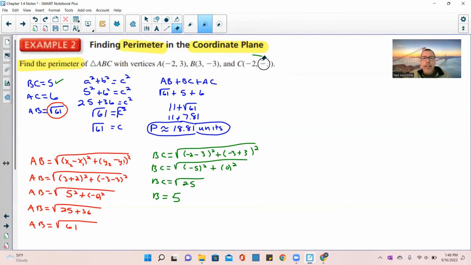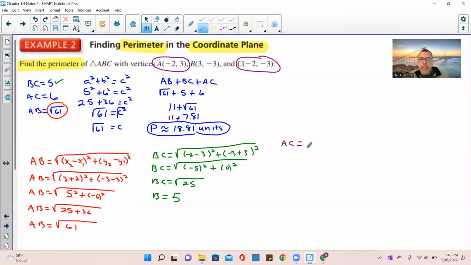So now I am finding the length of AC. We're using these 2 points. So now I take AC, I say the length of AC equals the square root of, look over here, x2, the second x is -2, minus the first x, which is -2, minus a negative is +2.